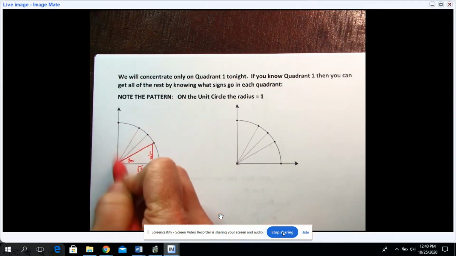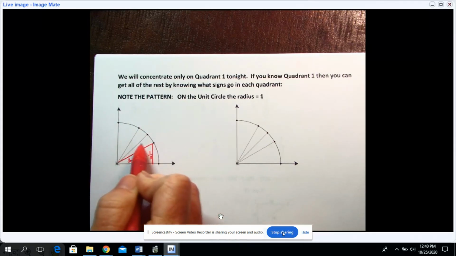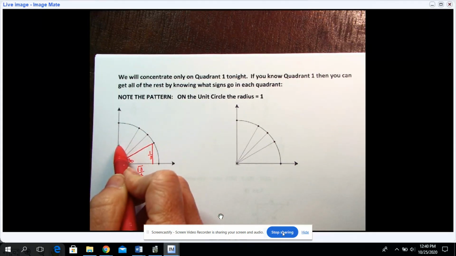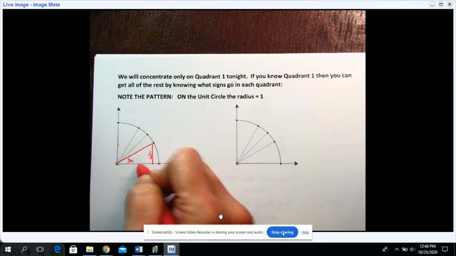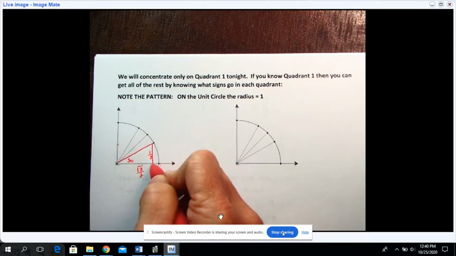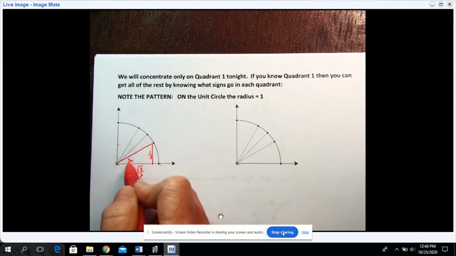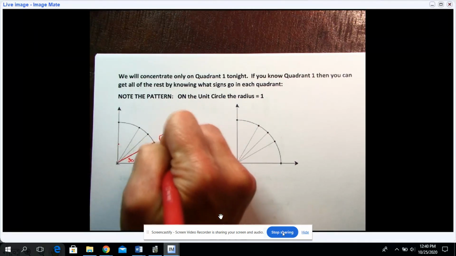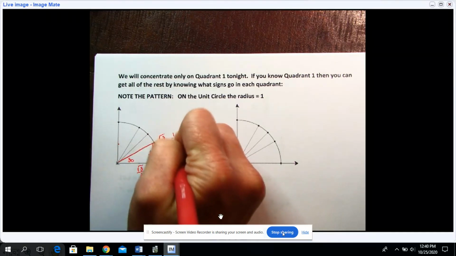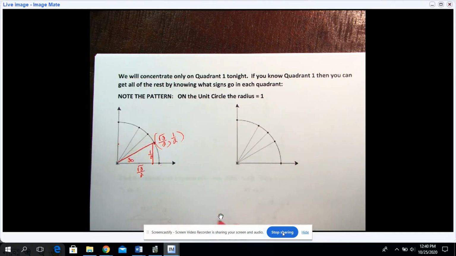If this is 0 to 1, then going over here is half of it. This would be square root of 3 over 2. So the coordinate for 30 degrees: the x value is square root of 3 over 2, and the y value is 1/2.